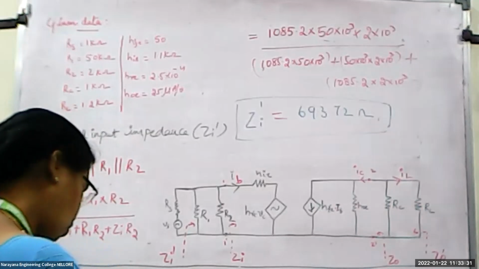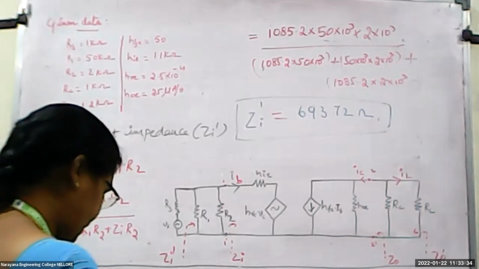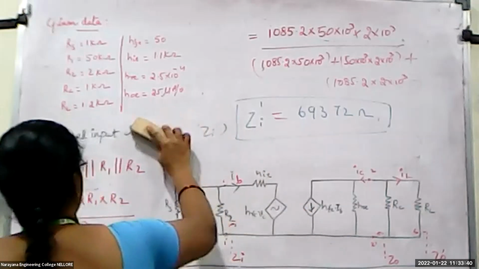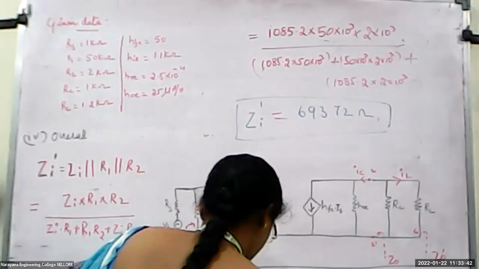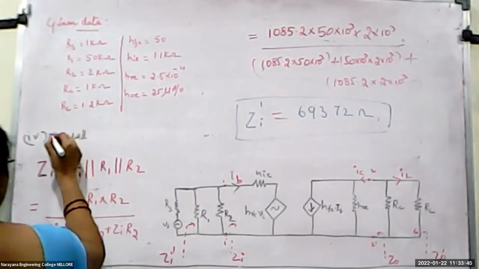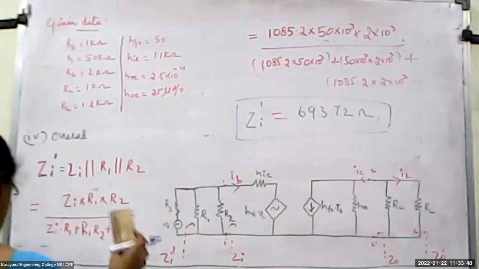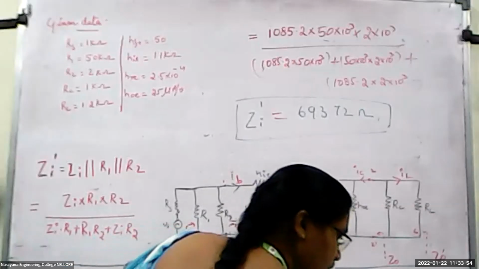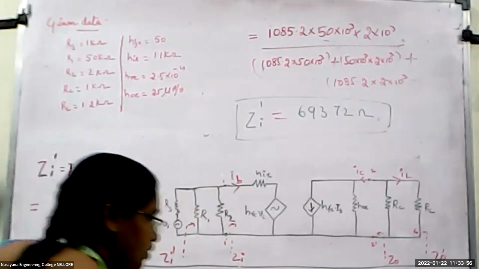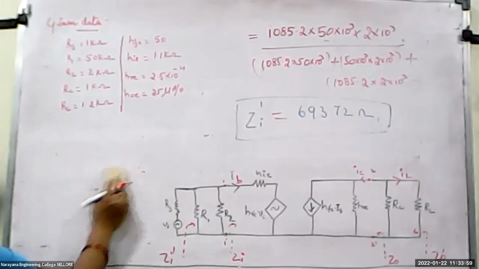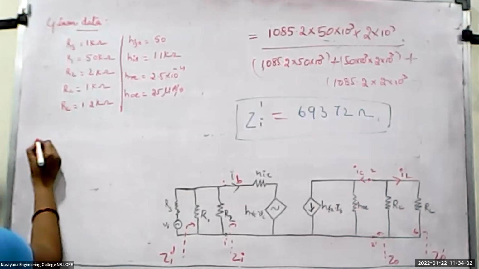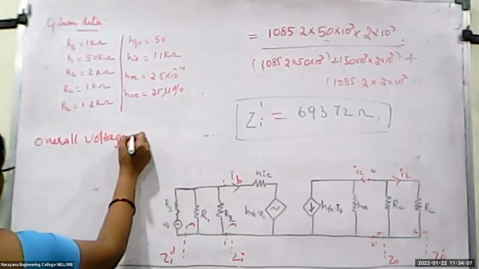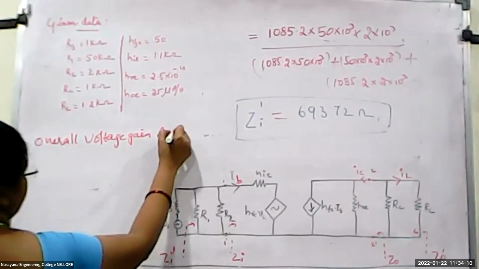Next parameter is overall voltage gain, AVS.